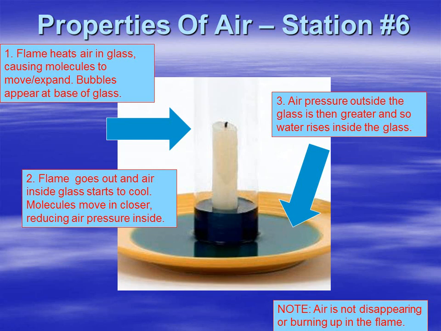When the candle went out, the air cooled down, contracted, and the air pressure became lower. This low air pressure inside the glass was less than the air pressure outside the glass. The water was then pushed up into the glass due to the differences in air pressure. Cool air has lower volume and higher air pressure than warm air.